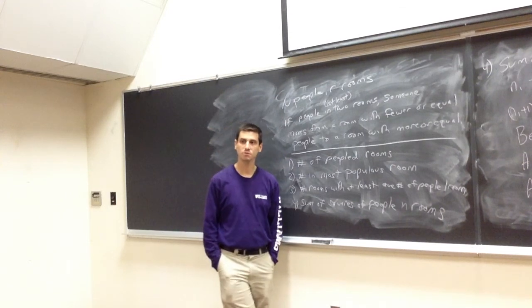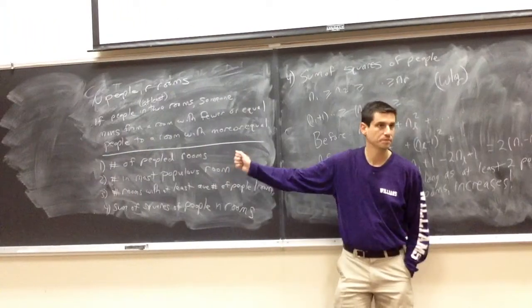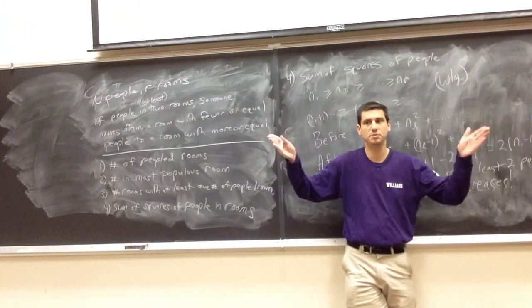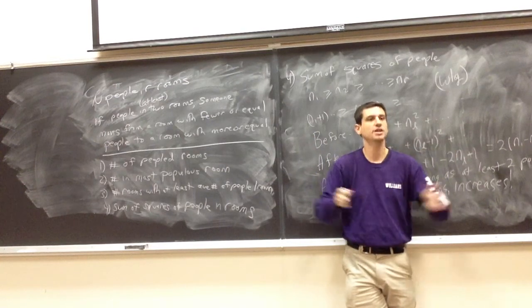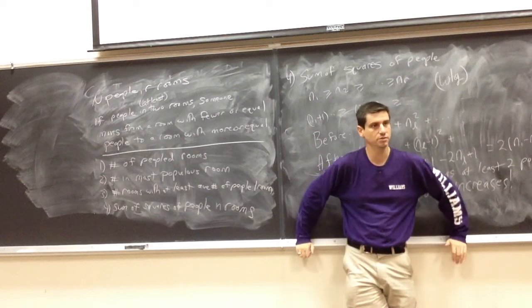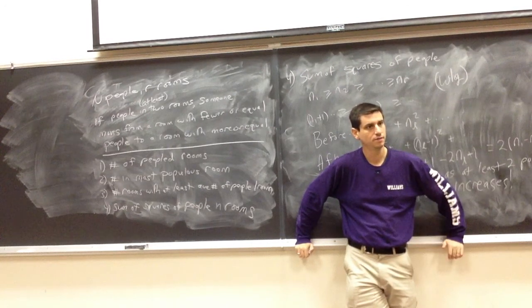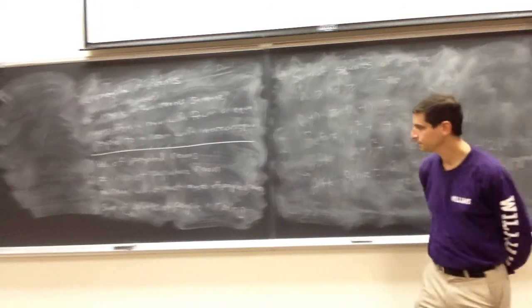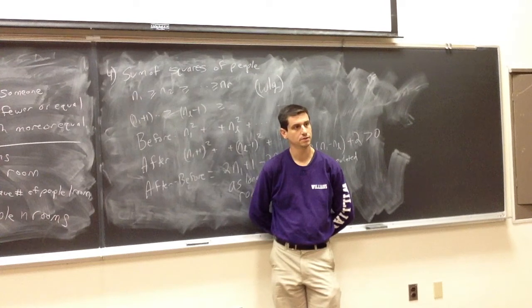If we can show that the number of peopled rooms eventually decreases, that's very similar to your average approach. Is that if the number of peopled rooms is constant and then eventually gets smaller, then eventually everybody has to end up in the same room. Comment or? Could you potentially use the well-ordering principle and say that there must be a room with minimal people in it, and by our rules that room must eventually become empty?